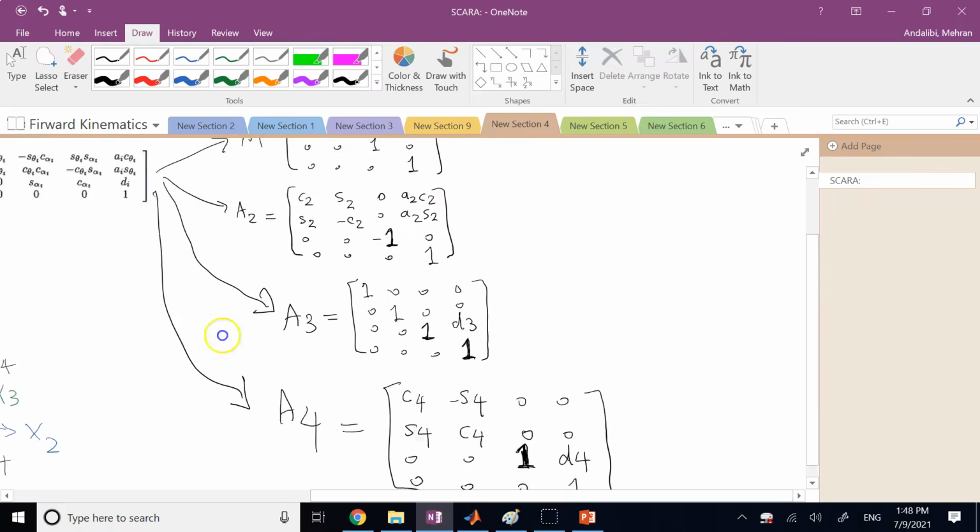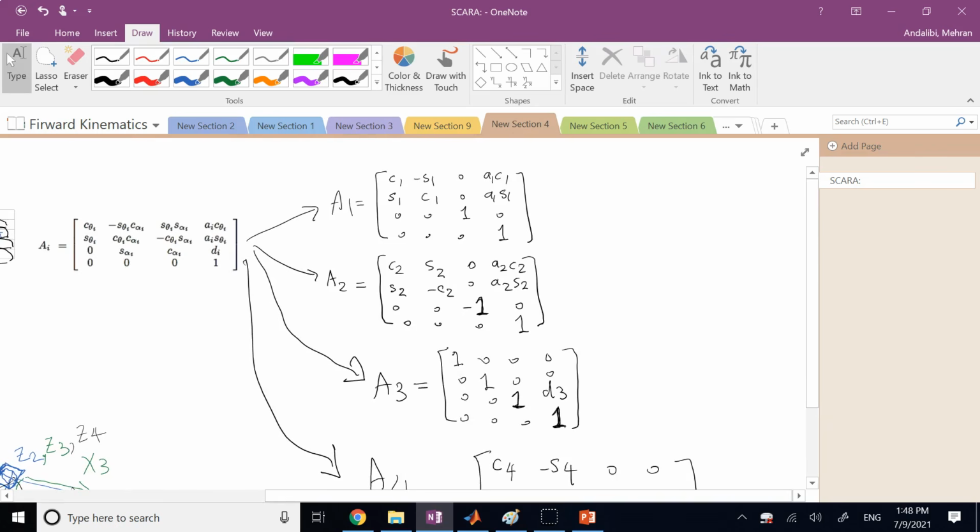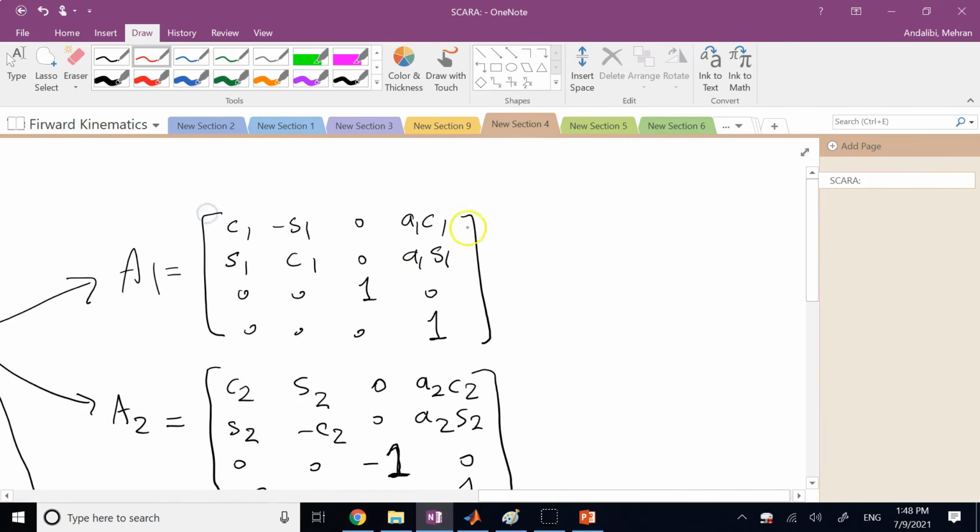Okay, so these are my four homogeneous transformation matrices. Do they make sense? Absolutely. Let me explain them to you. So clearly, if you look at the first one, the rotation matrix which describes the rotation of frame 1 with respect to frame 0 is a rotation of what? It is a rotation about z by angle theta 1. And absolutely it is, you know that we are rotating about frame z0 with angle theta 1. So that makes complete sense.